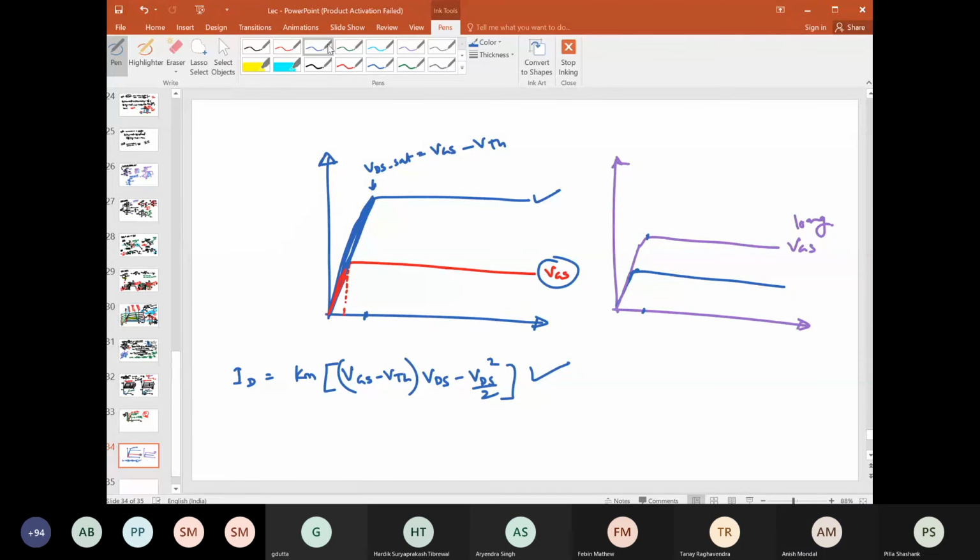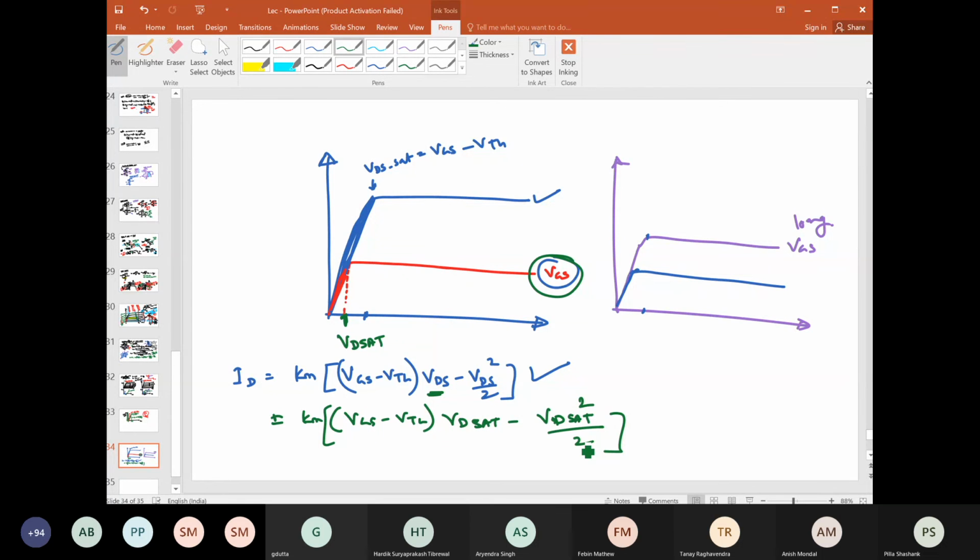Now, what is the value of this VDS for the short channel case? For the short channel, we are not even going this far, right? So suppose this value is VD sat. If you now substitute it here, ID equals Kn times (VGS minus VTH) VD sat minus VD sat squared by 2.